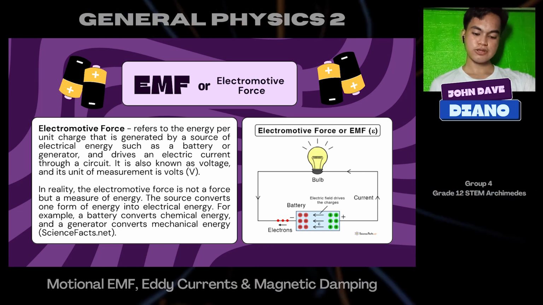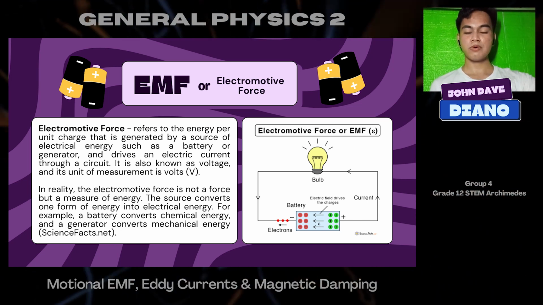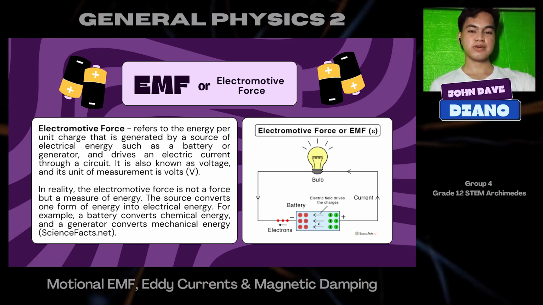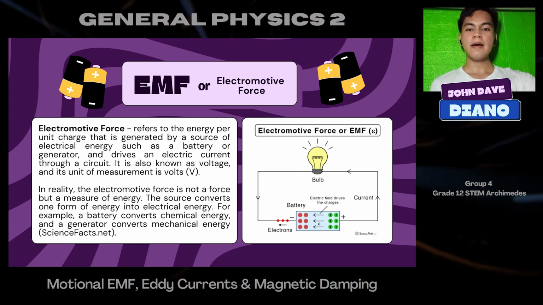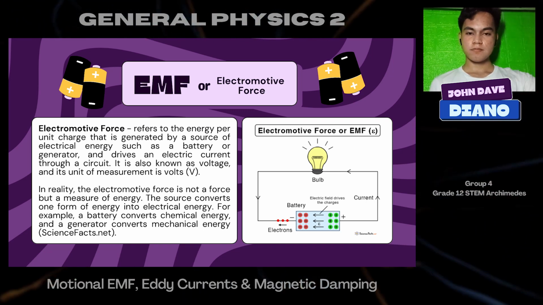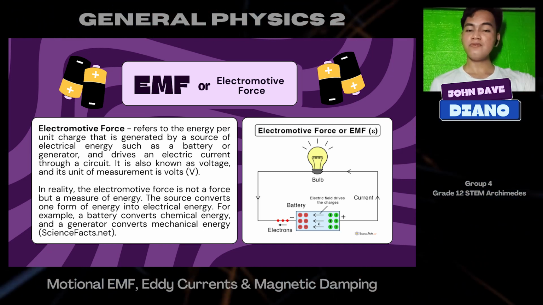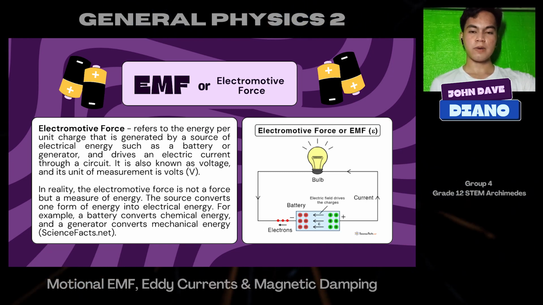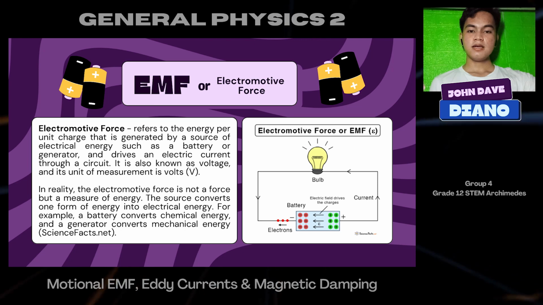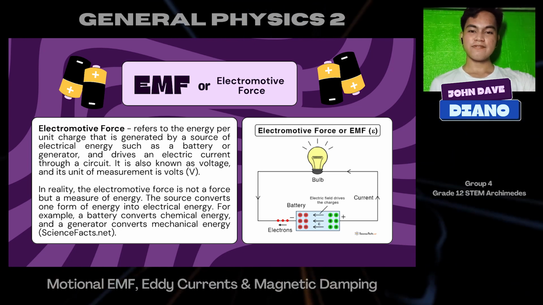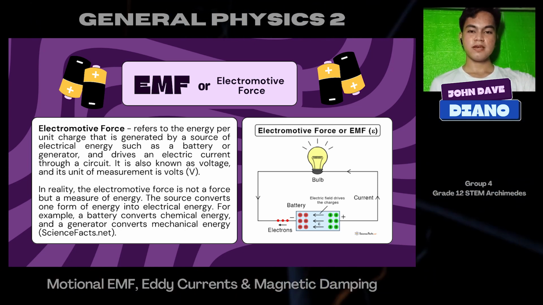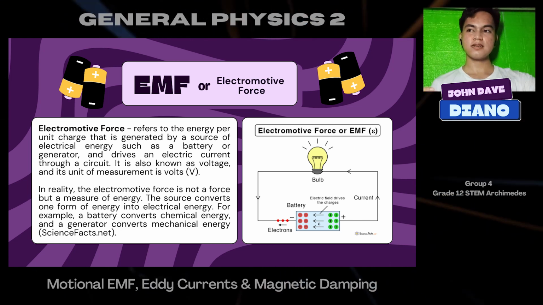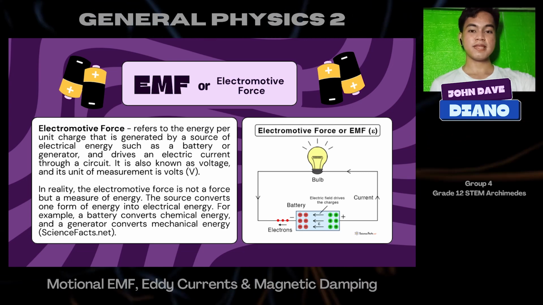It is a measure of the potential difference between two points in a circuit, and these charged particles, these electrons, move from the higher potential point to the lower potential point. In other words, EMF is the energy transferred from a source of electric energy to an electric circuit.